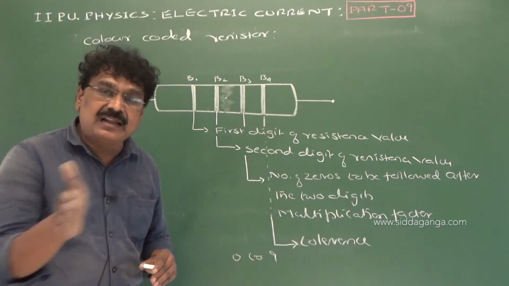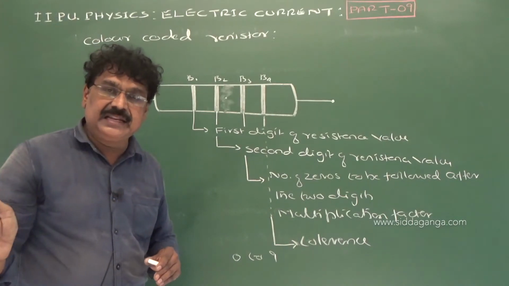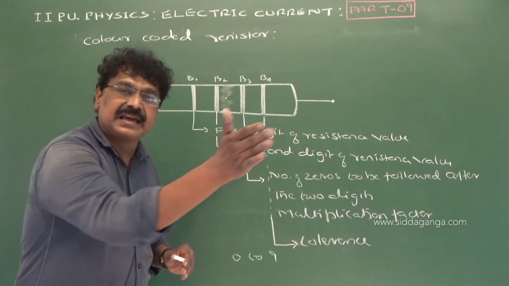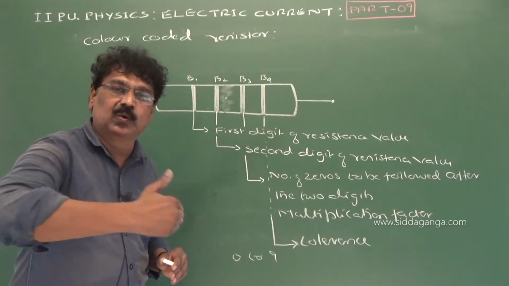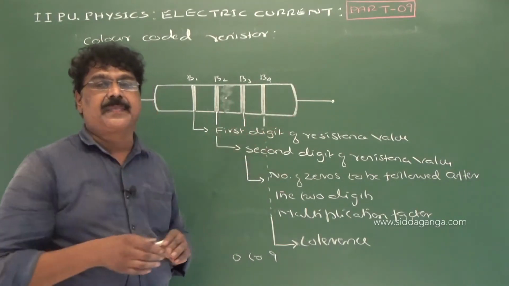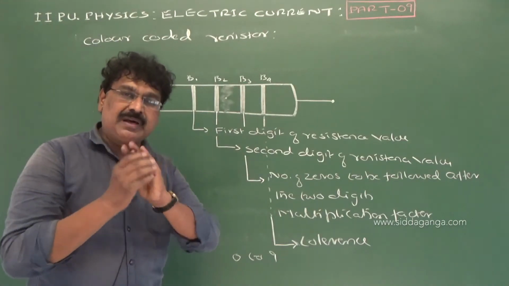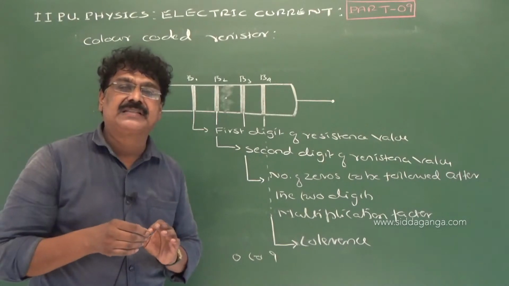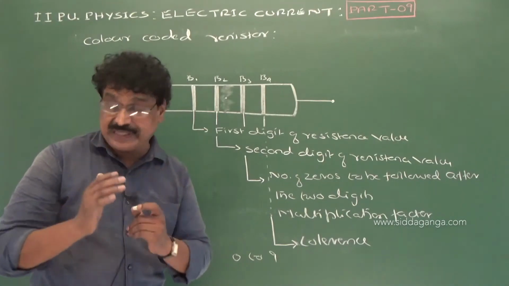The other colors, with increasing relative brightness, represent the higher digits starting from 1, 2, 3, 4, etc. Now, to remember this color code, we use a mnemonic.